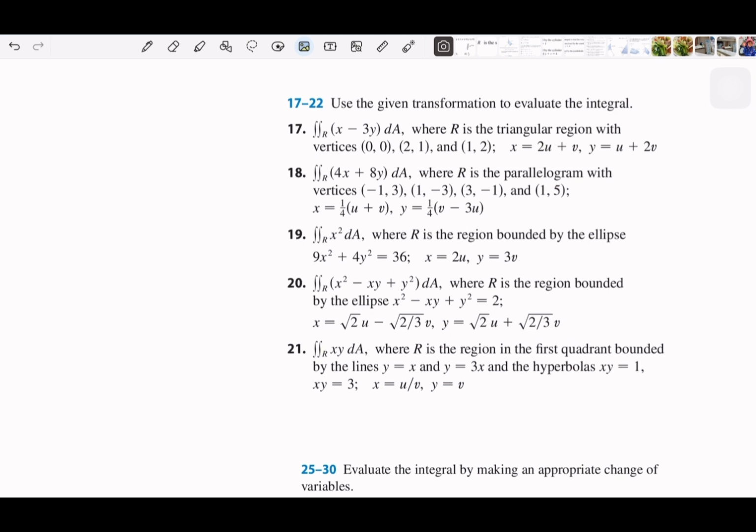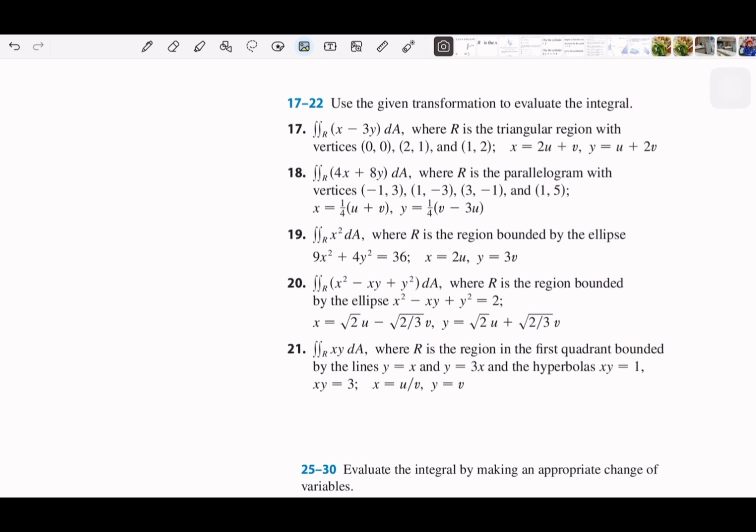So that means if we want to compute the 4x plus 8y, perhaps there are two ways, at least. First are perhaps the points for the R. Maybe you can pin the points and then look at the region of R, what kind of region that we are getting.